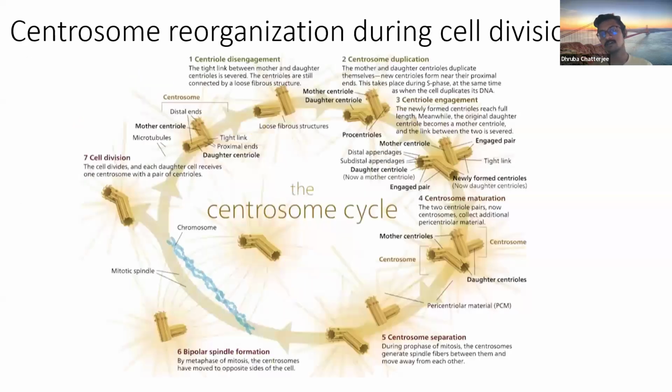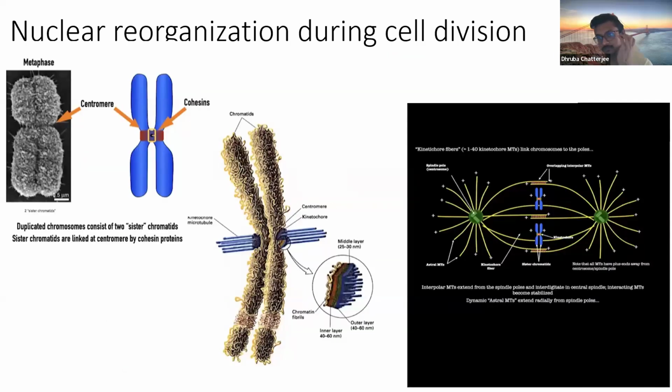And followed by that, as you can imagine, during telophase, this set of chromatids which are present at two different ends of the dividing cell will gradually begin to decondense into the chromatin state, which is usually present in the interphase state of the cell. The nuclear membrane and the nuclear pore complex will start reassembling back. The nucleolus will also start reassembling back.